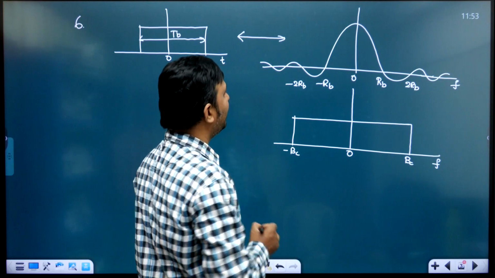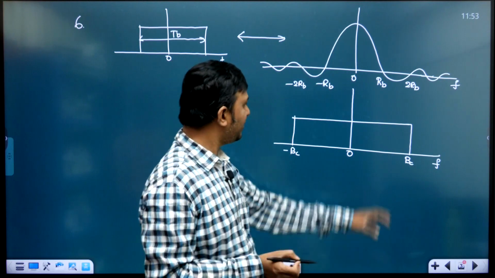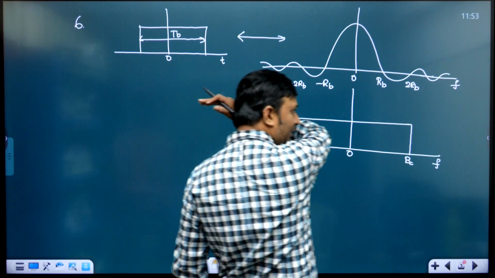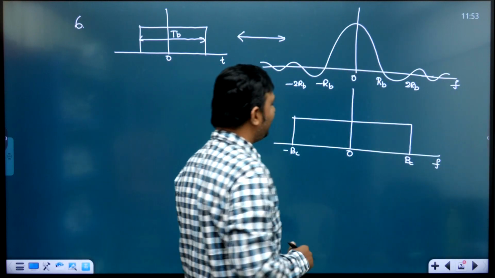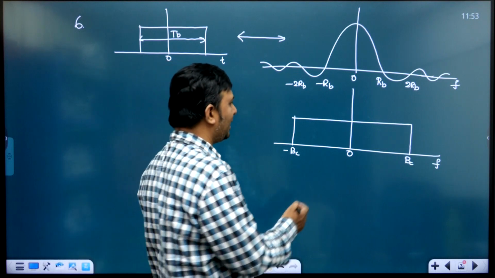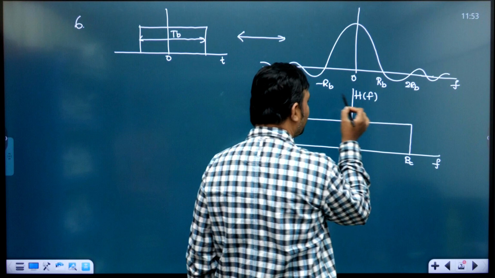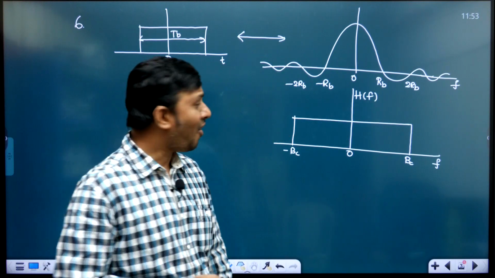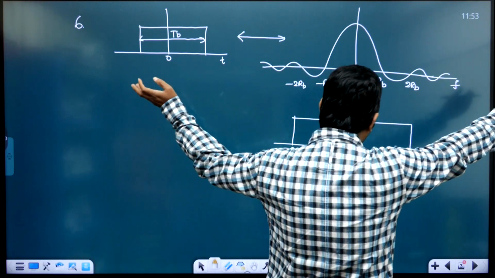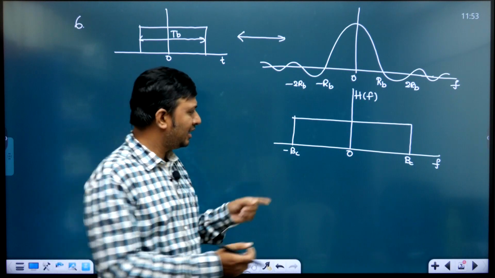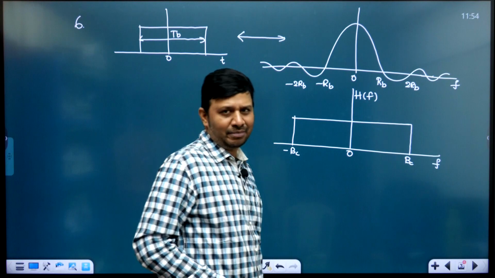Now when this sinc pulse, having a range from minus infinity to plus infinity, passes through this band limited channel, whose frequency response is denoted by H of F, can you tell me, is all of the sinc pulse transmitted, or only some portion of it? Here there is a limitation, no?